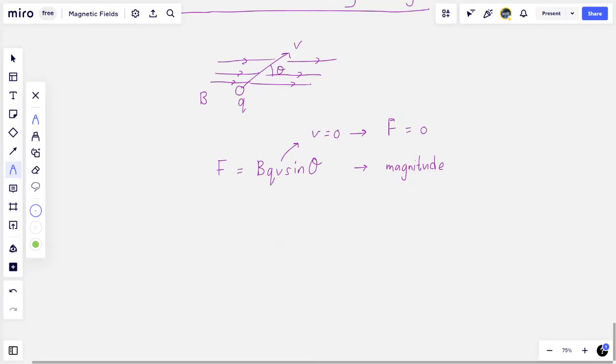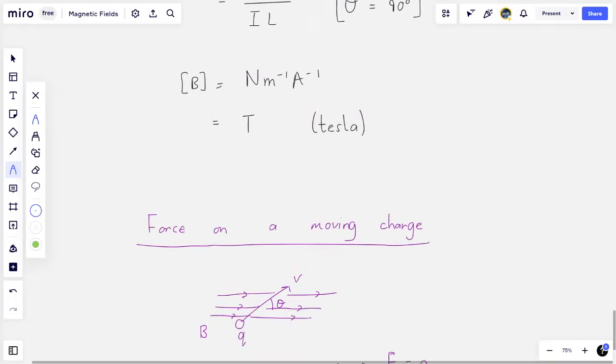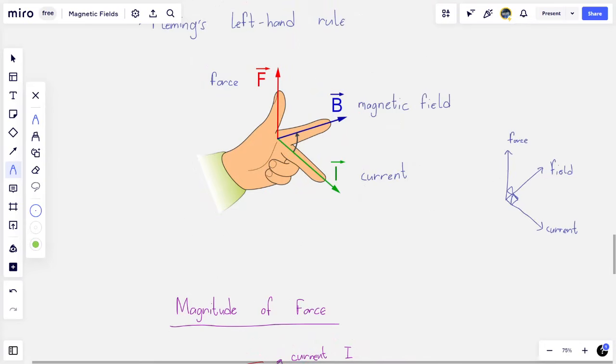And if I wanted to find the direction, I have to use Fleming's left-hand rule. Now, I want to make it very clear that, as I didn't point this out earlier, Fleming's left-hand rule gives the direction of current.